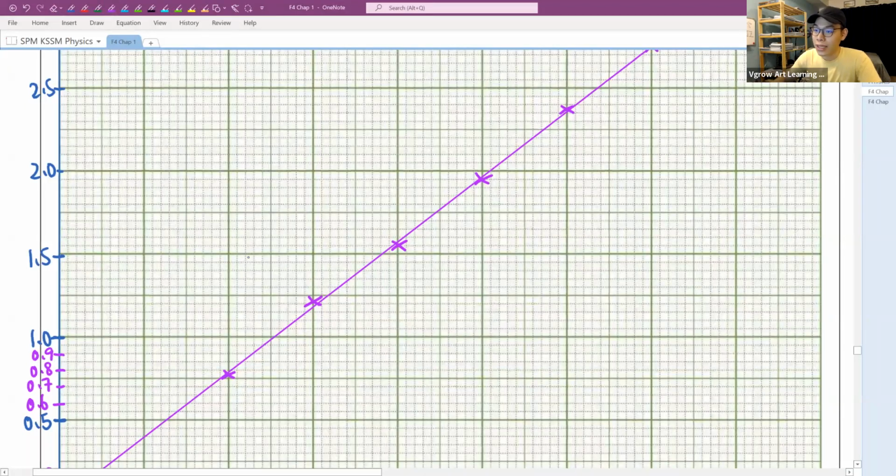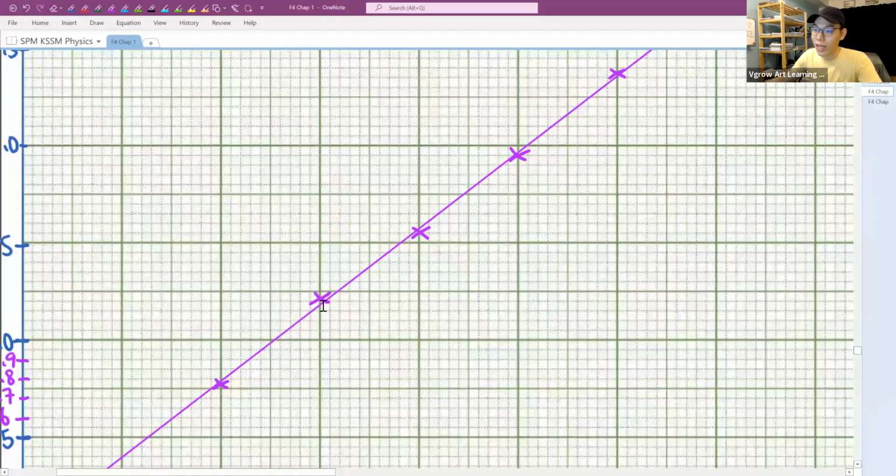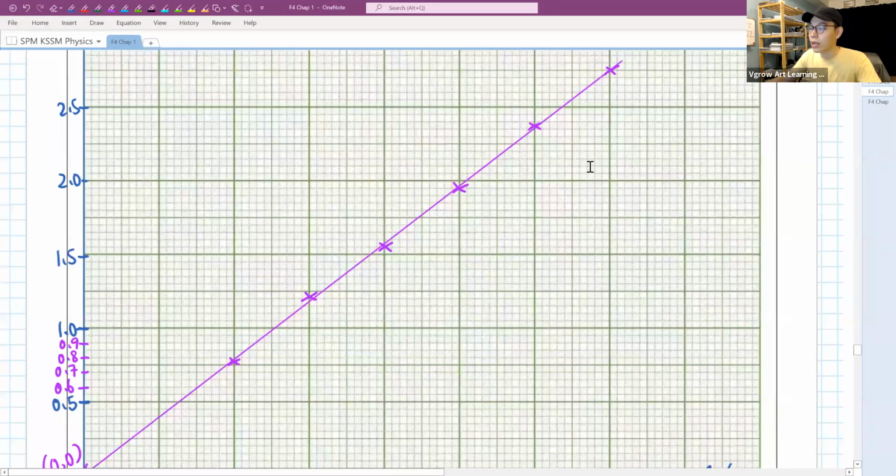So let's say, for example, this point. I cannot use back the point that I plotted because my line, when I drew it, didn't pass through the point. I must use this coordinate, the red color dot, not this purple color cross, because I'm not looking for the gradient of a point. I'm looking for the gradient of the line. So after you draw the line, you can kind of ignore the points already.